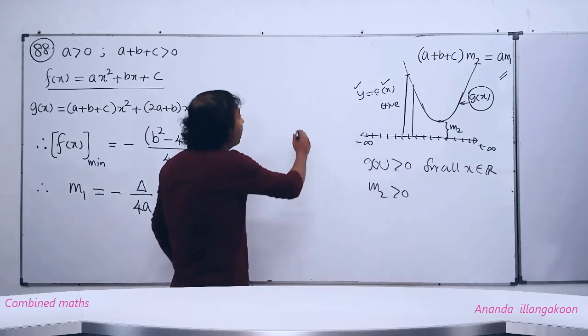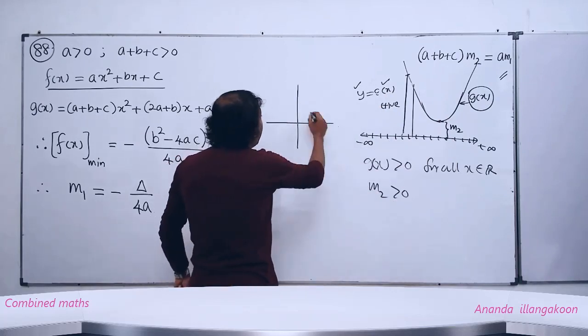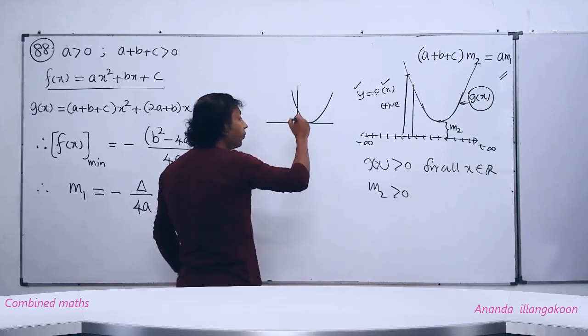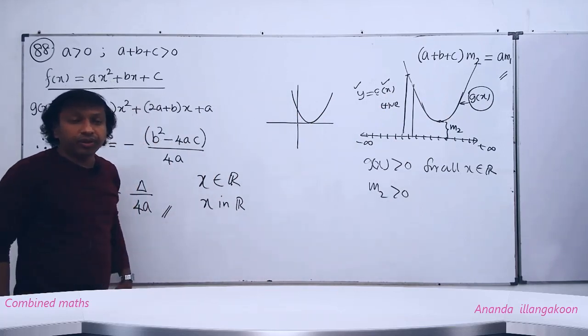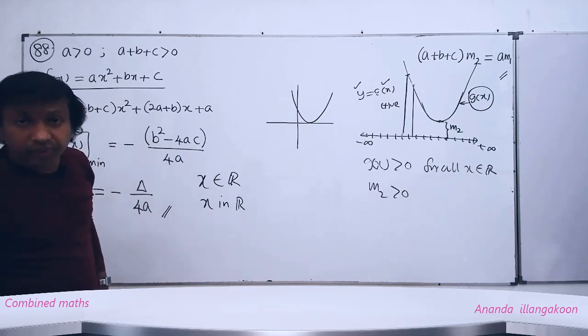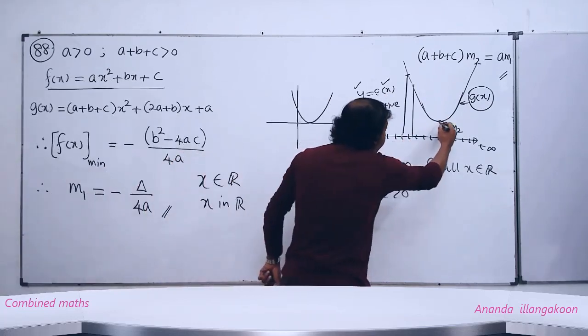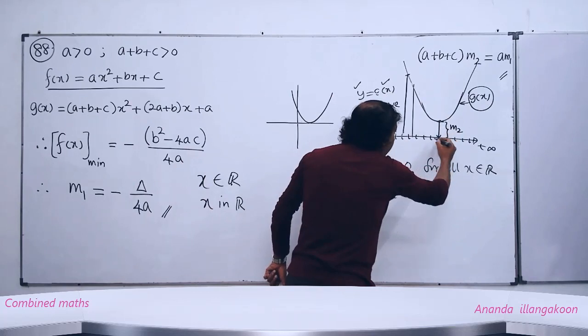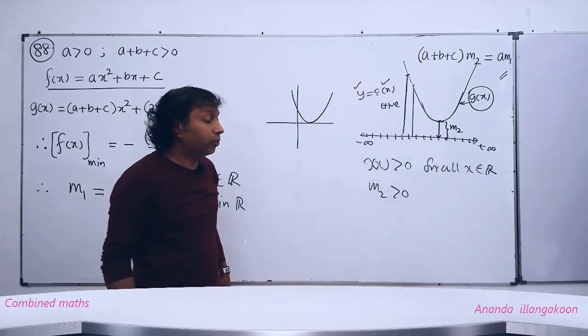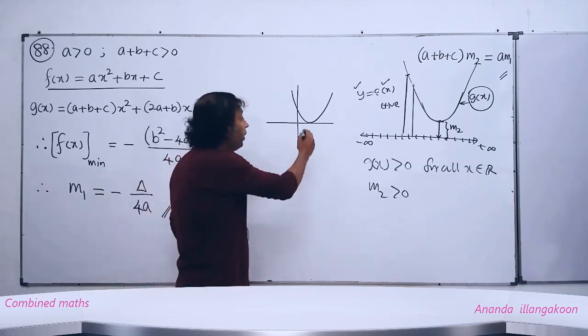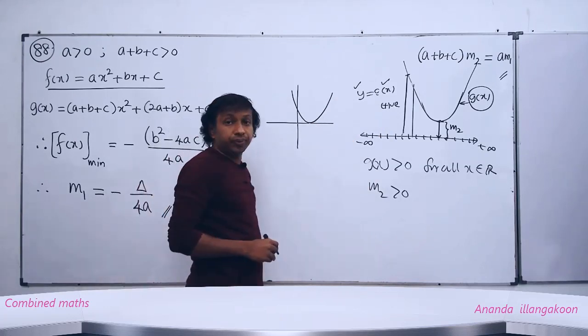Now suppose g(x) is 0. What can I say? The vertex should come to the x-axis, then m2 becomes 0. Then here g(x) is 0.